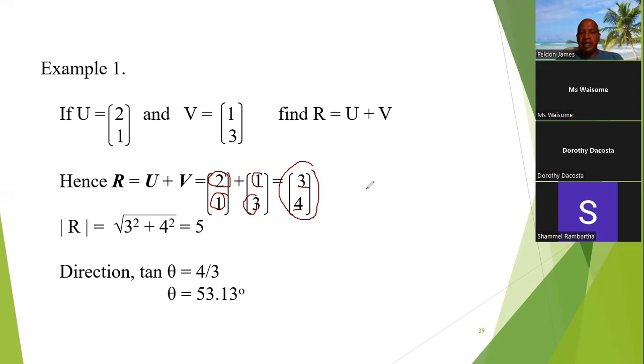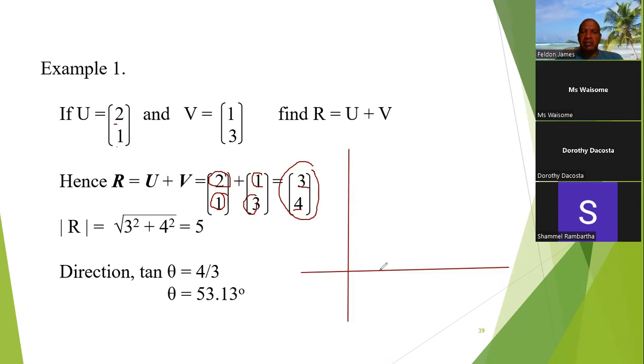And if you look at this in a graphical sense, this is how it would look. So if you have your x and y coordinates, so you use your horizontal and vertical axis. All we are saying is, if you find the point of u in terms of coordinates, that means x equals 2 and y equals 1.